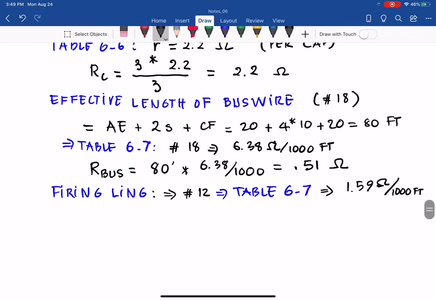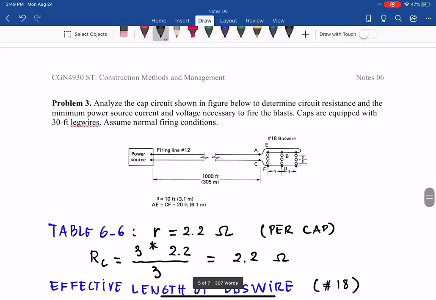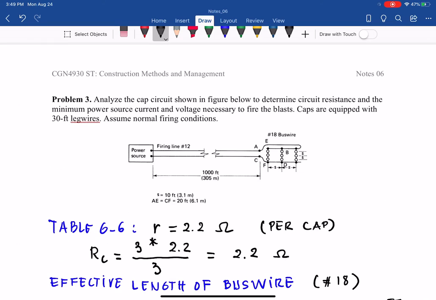With that, we can determine step 3, which is the resistance for the firing line. And for that firing line, you can see the 1,000 feet is one way, and it goes back and forth from the power source to A and from C back to the power source.